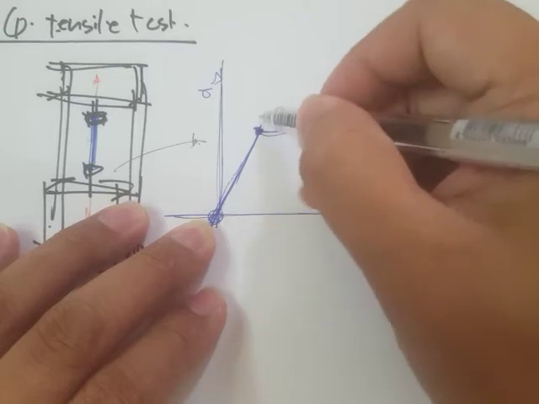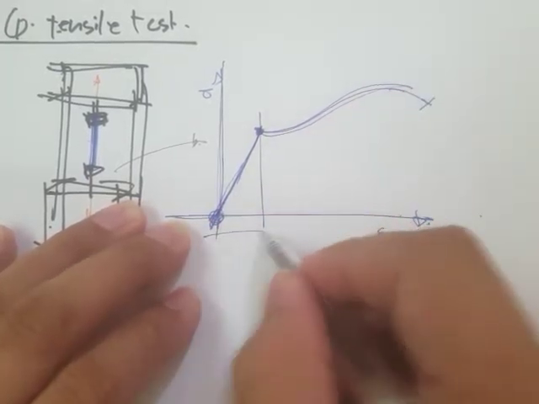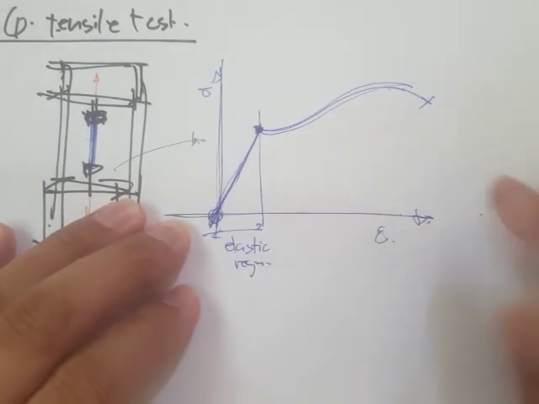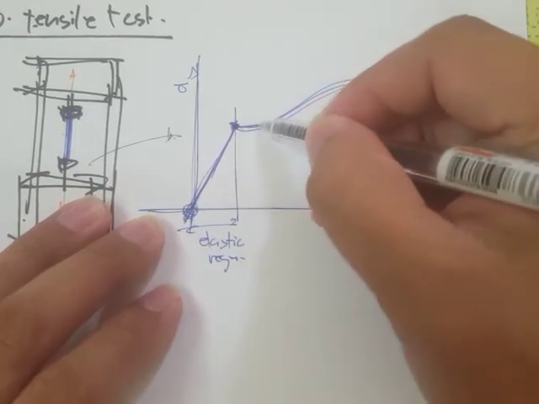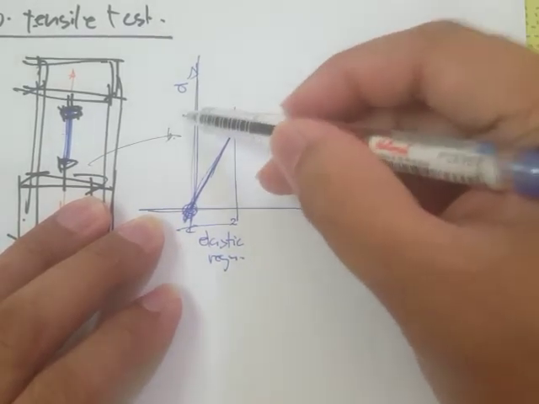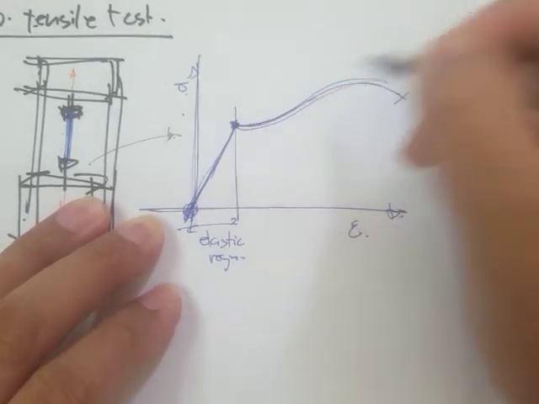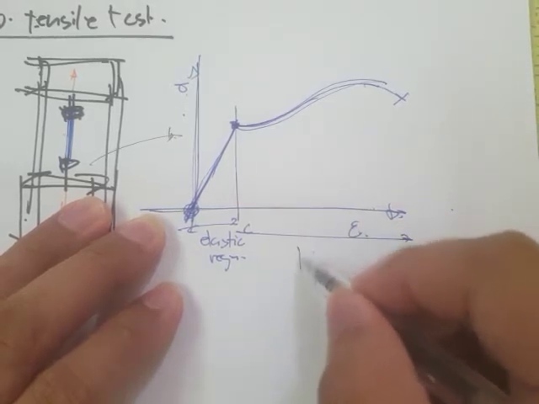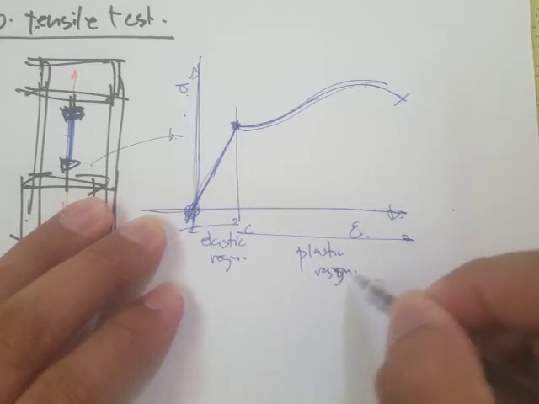From the starting value to this point is what we call the elastic region. If you still increase the load, then the relationship between the stress and the strain is no longer linear, and this is what we call the plastic region.